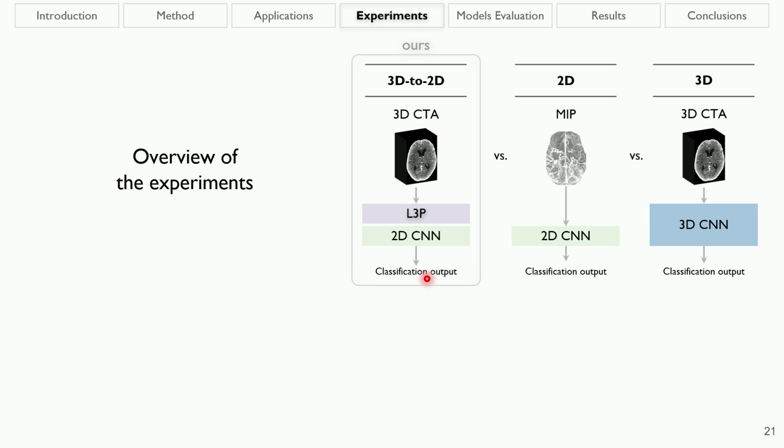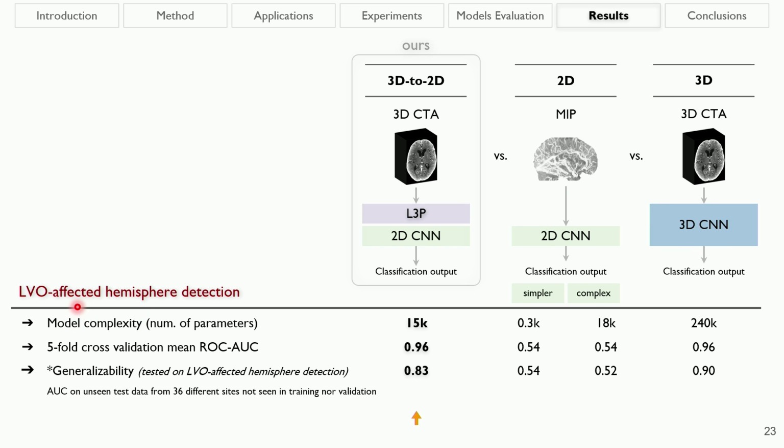We compared our L3P-based approach versus 2D models learning from MIP, and versus a stroke-specific 3D model. For the feasibility task, the LVO-affected hemisphere detection task, here you can see the results for our L3P-based model, 2D models learning from a sagittal MIP, one simpler model that actually consists of the same 2D CNN used in our L3P-based approach, and a more complex 2D CNN, so as to have more parameters and be more fairly comparable to our L3P-based method.